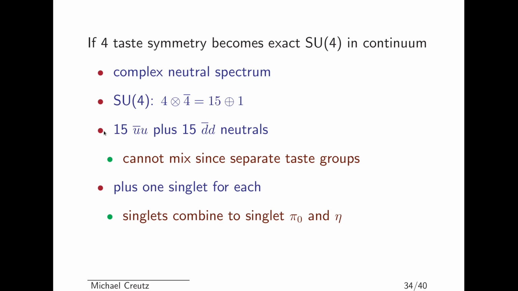So you get 15 U U bar states, 15 D D bar states, but these actually cannot mix with each other because they are independent taste groups. There's one for the U's and one for the D's. But the singlets can mix. You get one singlet from the U bar U and one singlet from the D bar D. And the singlets combine in the usual way to form the singlet pi naught and the eta.